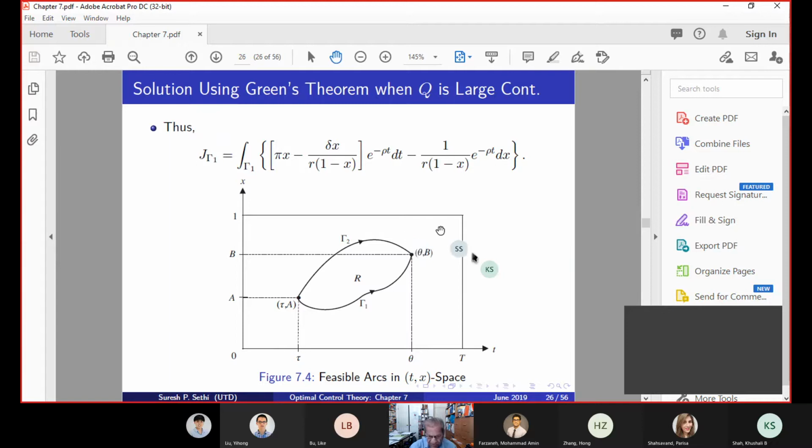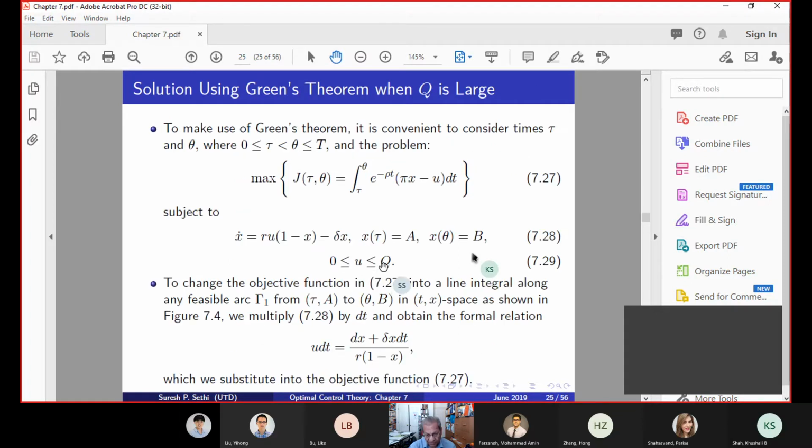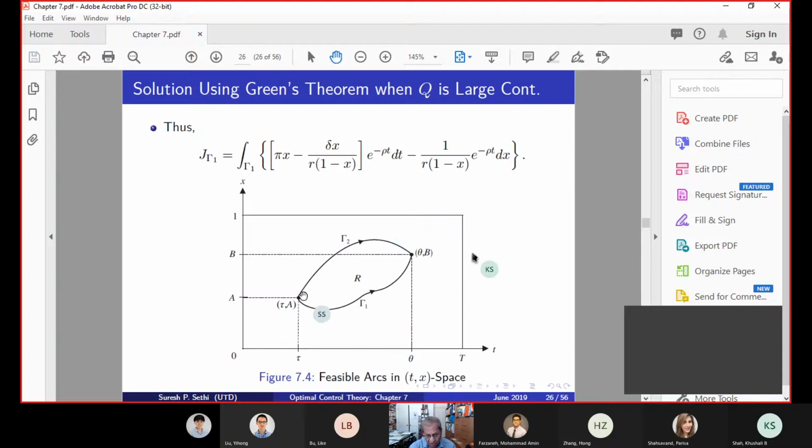Green's theorem says that if I have a line integral along gamma 1 and a line integral along gamma 2, then notice what is going on. Such a curve can be produced by a control u of t. If I have a control u of t over time from tau to theta, using that control I can see the trajectory in x space.